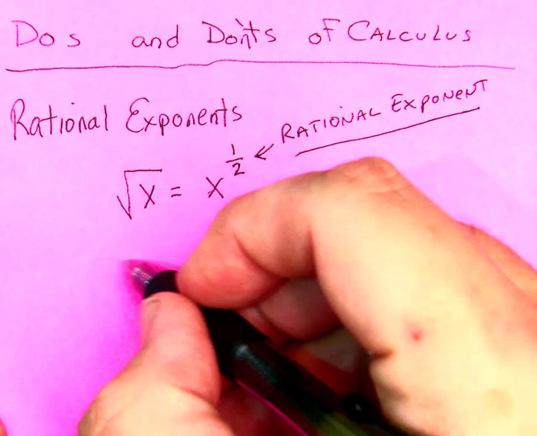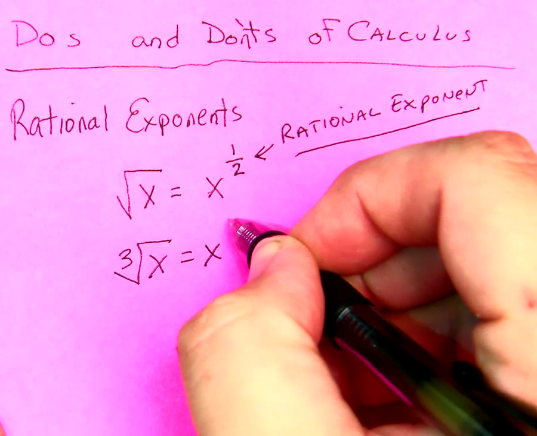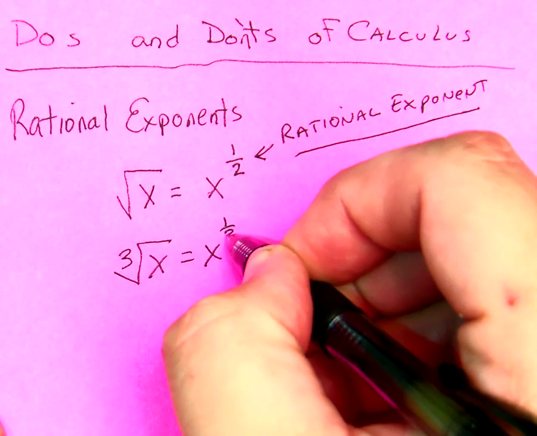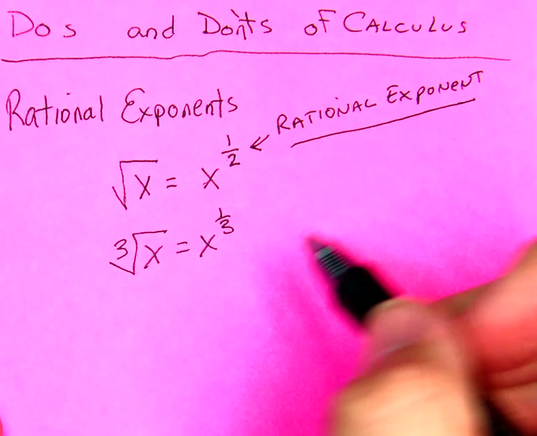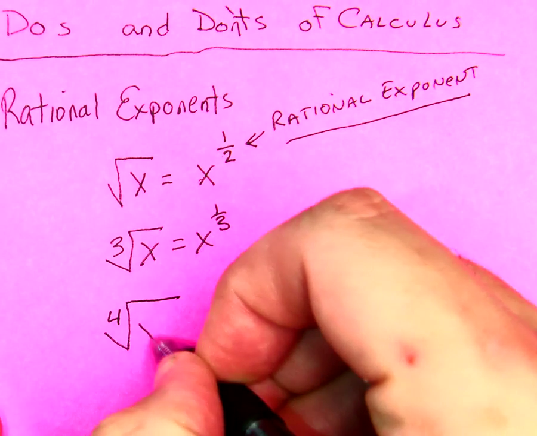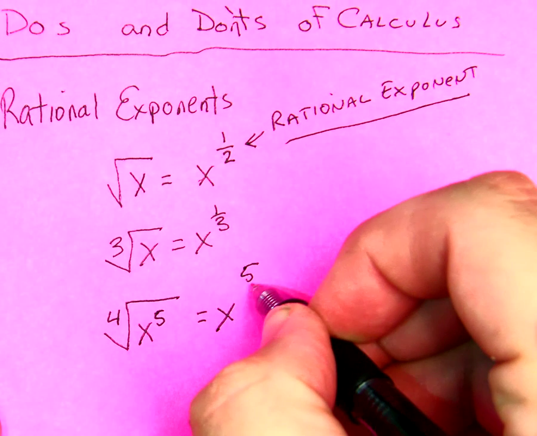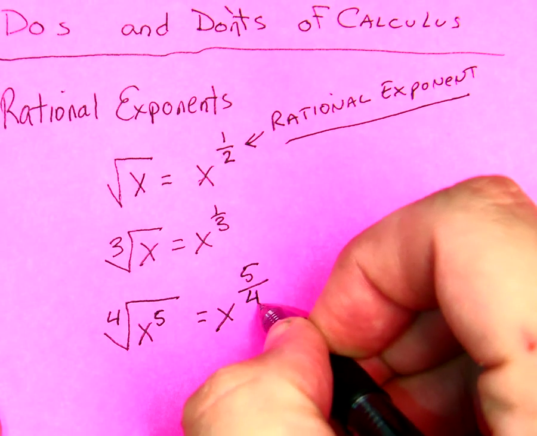Now, if we want like the third root of x, that's x to the 1/3 power. But if you have like the fourth root of x to the 5th power, this is going to be x to the 5th power and the 4th root.